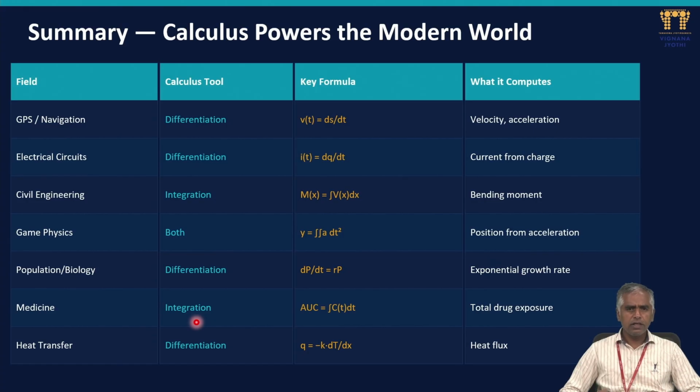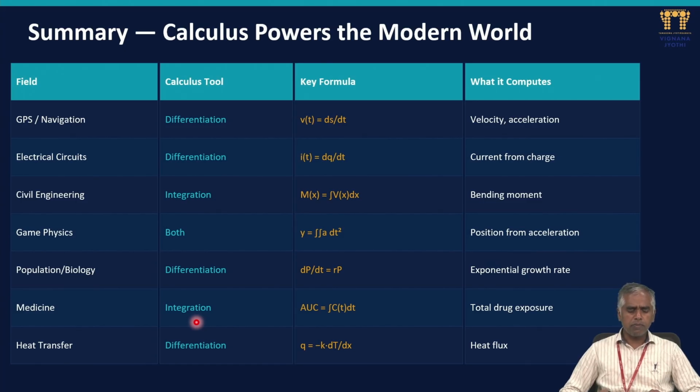Civil engineering: here we apply the concept of integration, that is bending moment, M of x equal to integration of V of x dx. Game physics: here we apply both differentiation and integration, that is y equal to double integration of a dt square, which means position from acceleration.